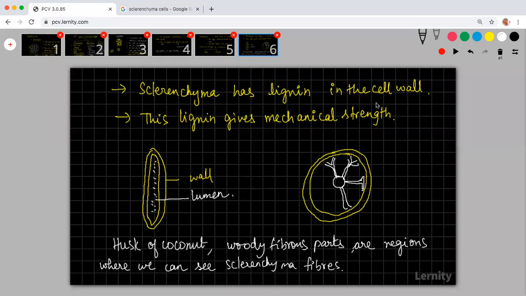And one more thing that you should know is that the gritty part of fruits like pear has sclerites.